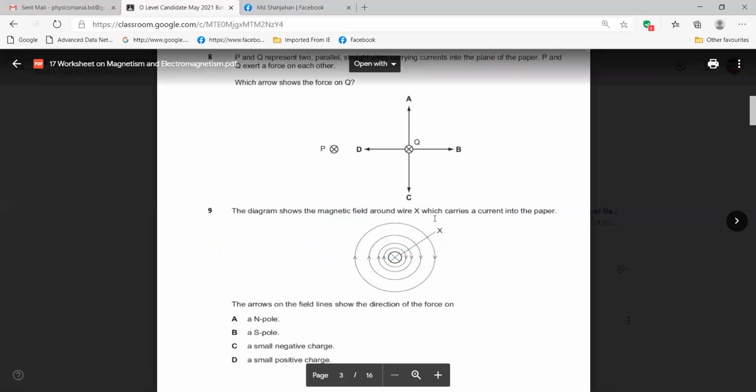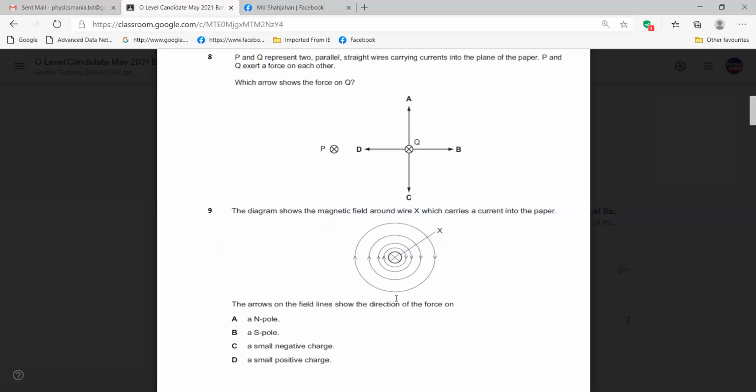The circles are showing you the magnetic field lines. Okay, I mean the shells. Yeah, looking like shells. So these are the magnetic field lines, and the X means the current goes into the page.